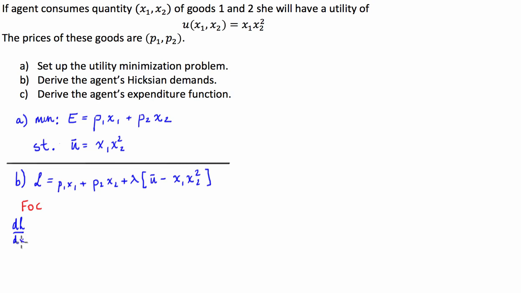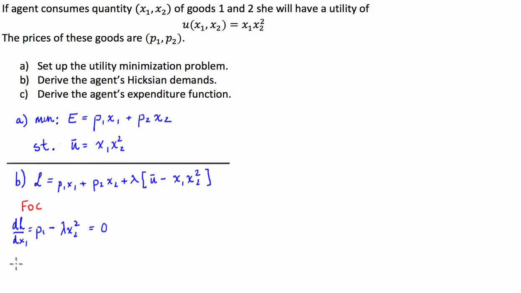So we're going to have dL/dx1, and that's equal to price 1 minus lambda x2 squared, and that has to be equal to 0 because we're looking for a saddle point here.